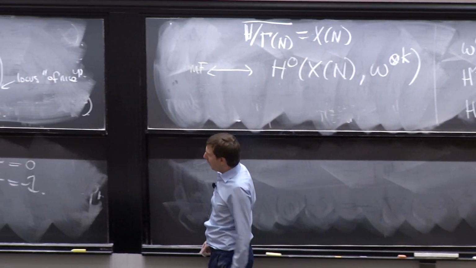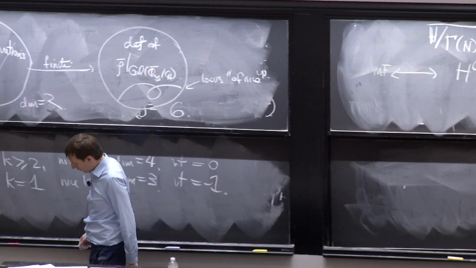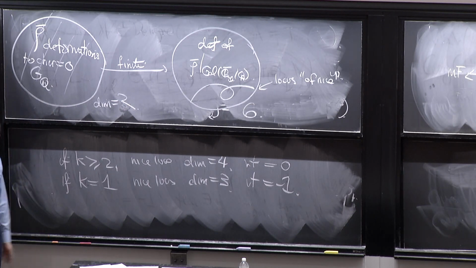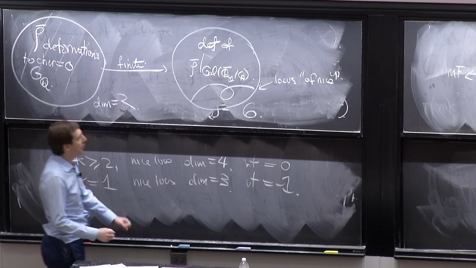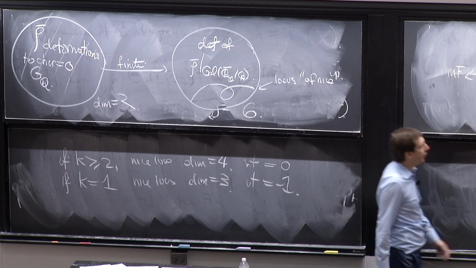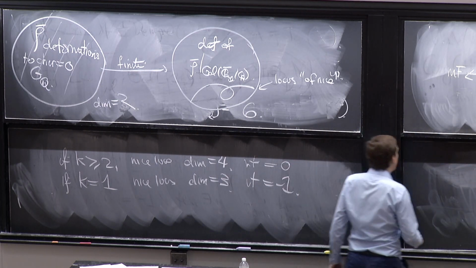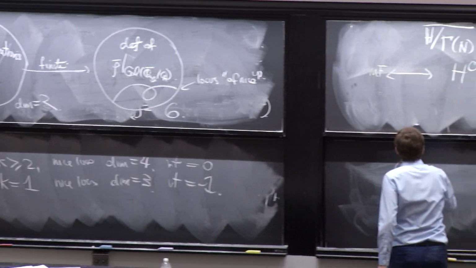And moreover, by a modification of the Taylor-Wiles method, which is due to David Geraghty and myself, at least if you give yourself enough optimistic conjectures and happy coincidences and things that you expect to be true, you can really prove that in order to get modularity, what do you need? Well, on the one side, you have the Galois side.